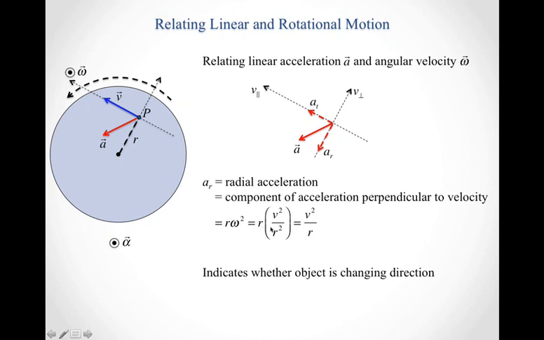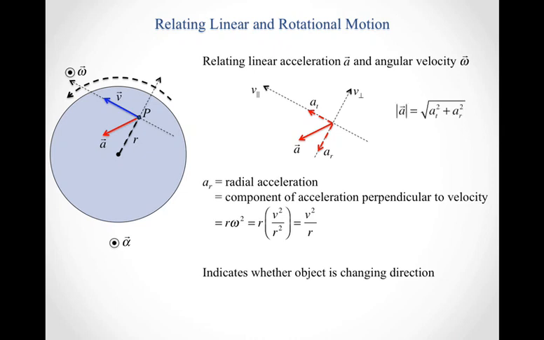And of course, this r cancels one of those, and I'm left with v squared over r, which is the centripetal acceleration. So we have seen the radial acceleration before, and it still indicates the same thing: whether your object is changing direction, because it points towards the center of the circle that your object is spinning along.